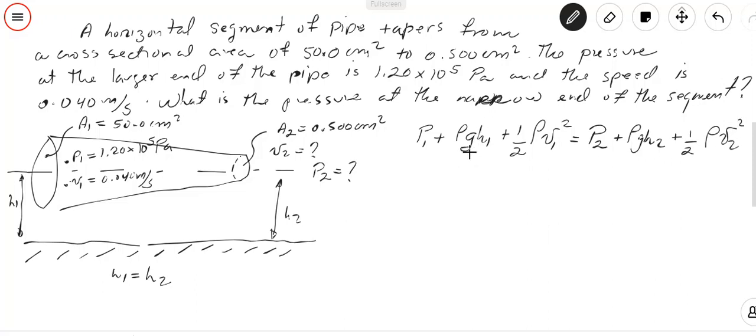Of course, h1 and h2 are the same because it's a horizontal pipe, so we're going to cancel these terms.